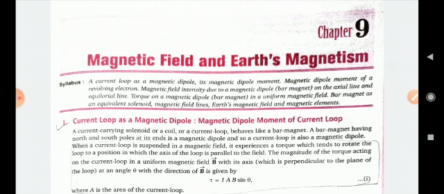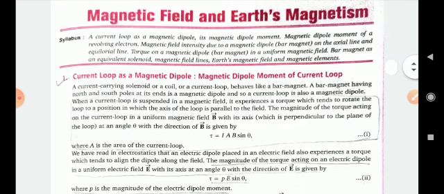Similarly, firstly I will explain torque, because in this chapter, magnet or current depends on the area, magnetic field and force. So, children, we know that torque, the turning effect on a body about an axis, is due to the moment of force or torque applied on the body.